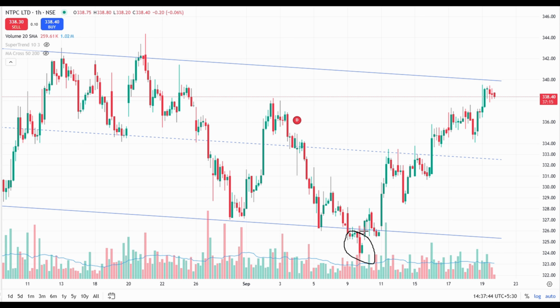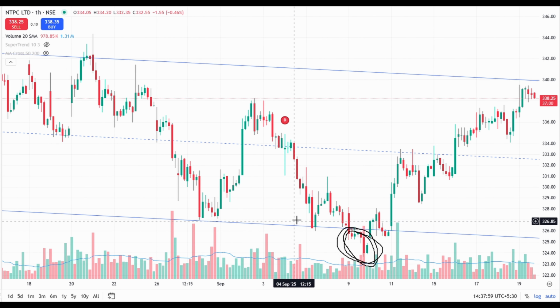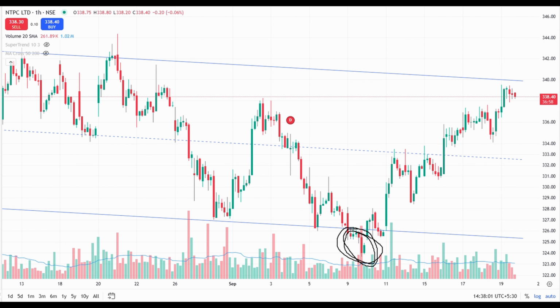In the parallel channel, I can see that it is at the bottom of this parallel channel. Moreover, it has broken down this parallel channel. However, since the channel has been intact for a long time, almost 3 months, I was quite sure that there will be demand at this level.